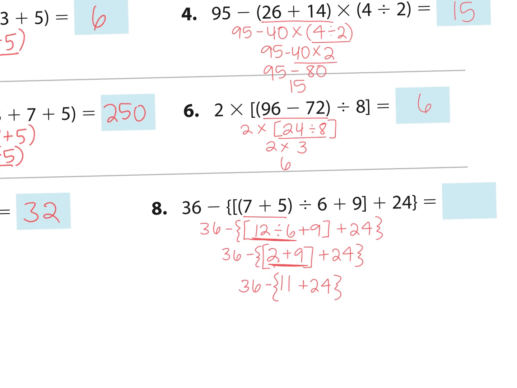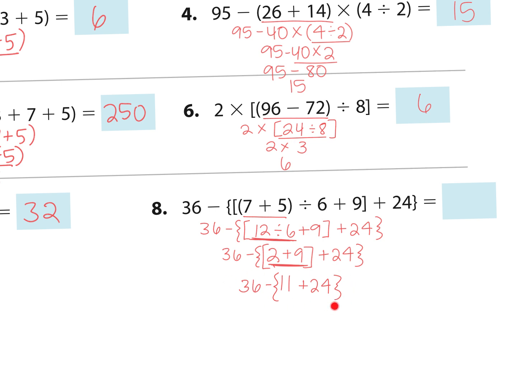Now what do I do? Austin, what would I do next? You would do the 35 minus 36. Oh, how did you get 36? And 35. What do I have to do? This is my problem.